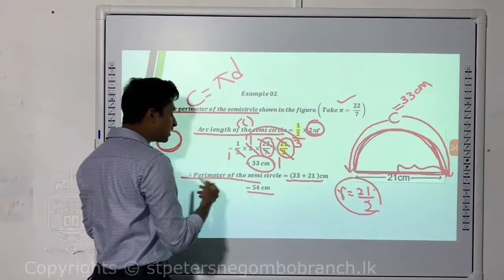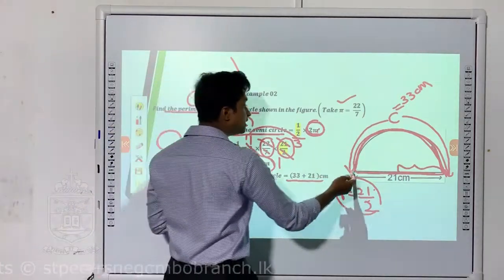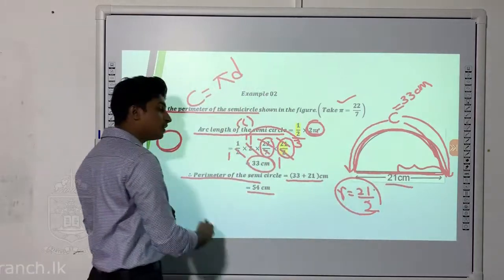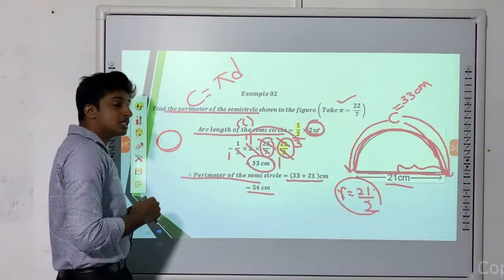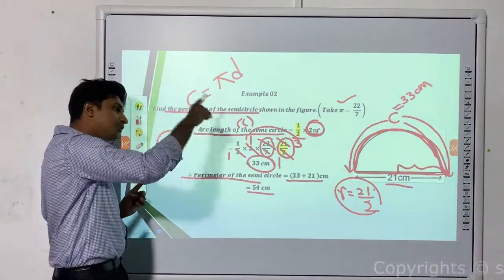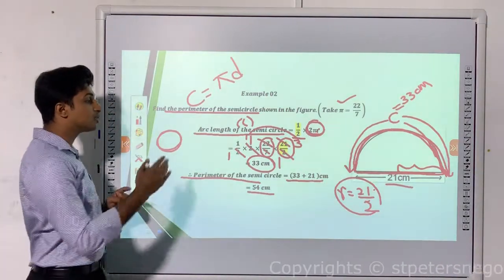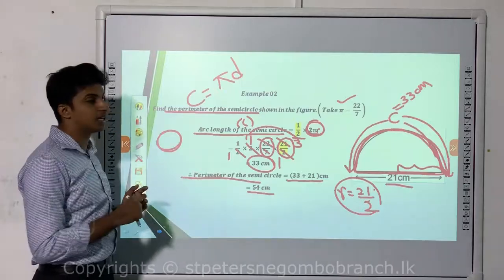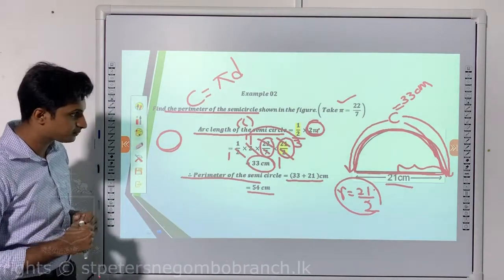So to find the entire perimeter of the semicircle, to this arc length, that is 33, you have to add this 21, which is the length of the straight line, because the perimeter is going to be the entire length. So 33 plus 21 centimeters, the whole perimeter will be 54.